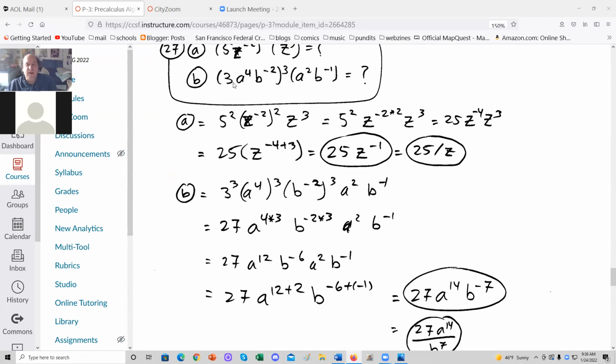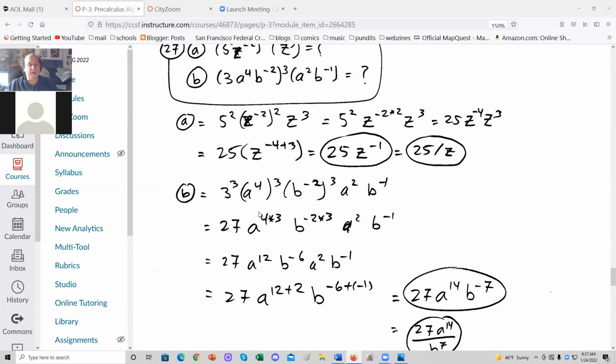Now here we have 3, a to the 4th, b to the negative 2, cubed, times a to the 2nd, b to the negative 1. What is that? Okay, first thing to do is distribute the third power over each of these factors. Here, 3 cubed, a to the 4th cubed, b to the negative 2nd cubed, a squared, b to the negative 1.